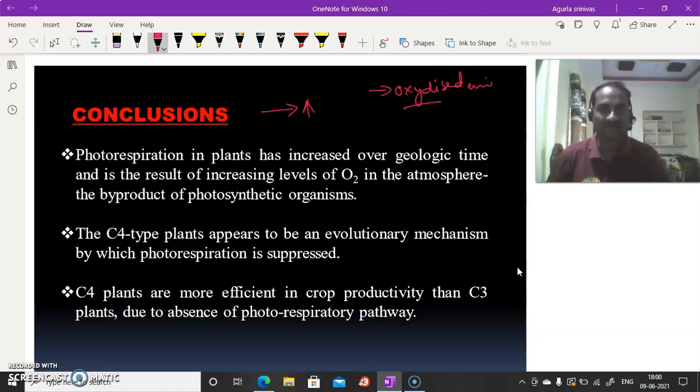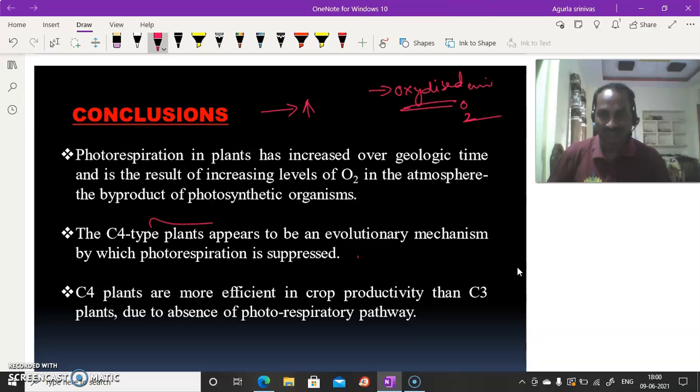Okay, that means full of oxygen. So when there is excess oxygen in the atmosphere, this pathway also increased during the evolution process. And C4 plants appear to be an evolutionary mechanism by which photorespiration is suppressed.